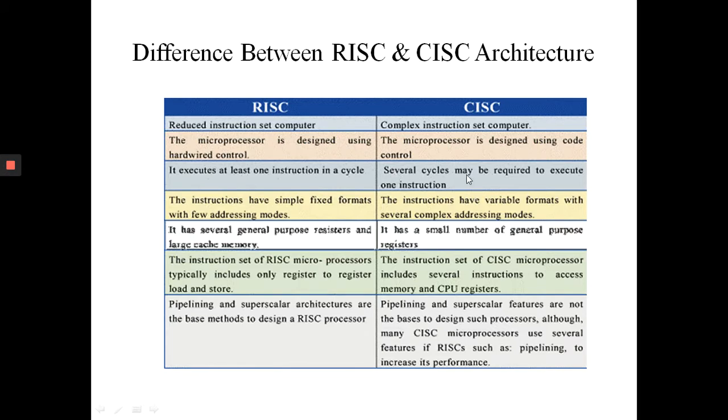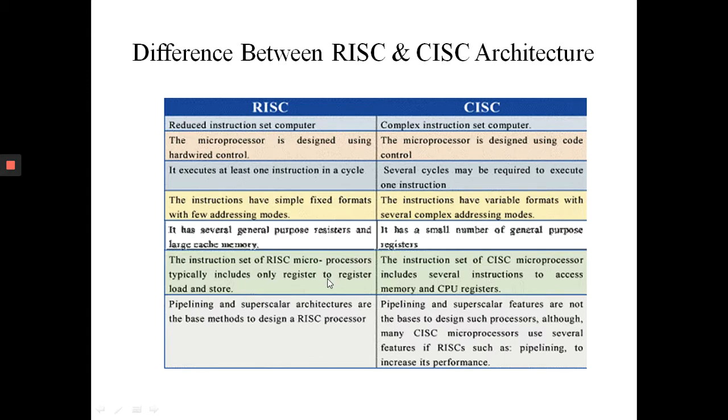Here several cycles will be required to execute one instruction. The instructions have a simple fixed format with few addressing modes. CISC has variable formats with several complex addressing modes. RISC has several general purpose registers and large cache memory. CISC has a small number of general purpose registers.